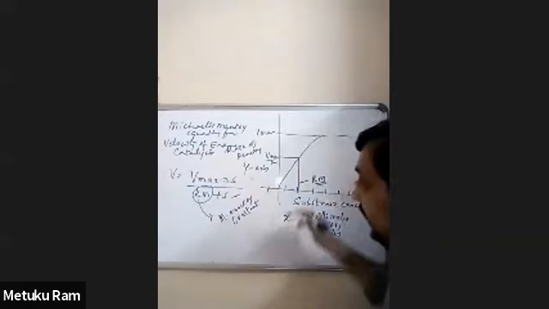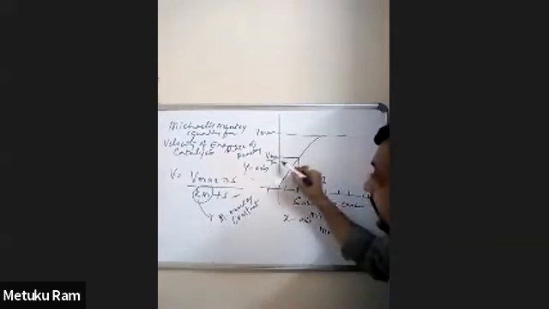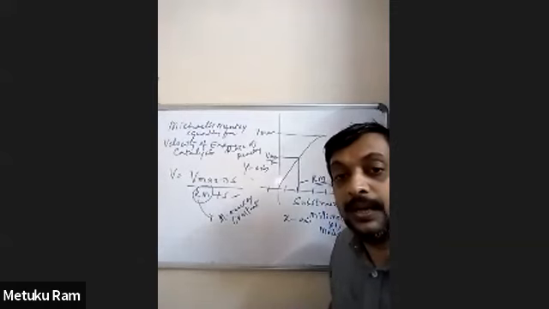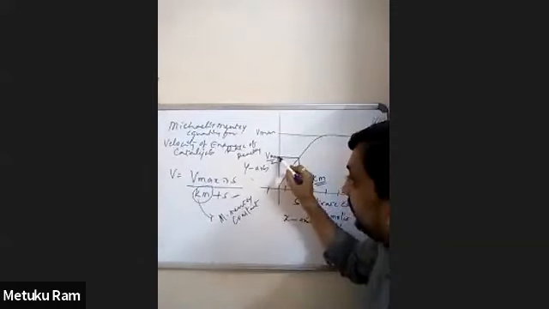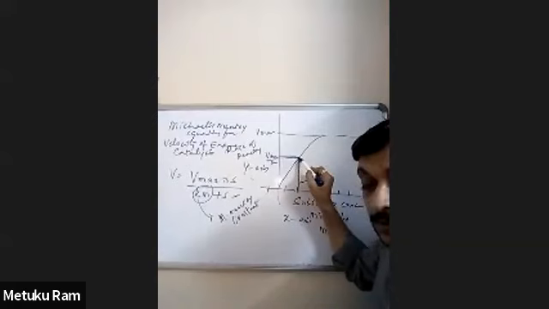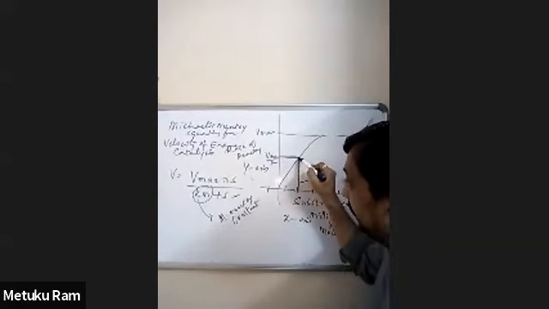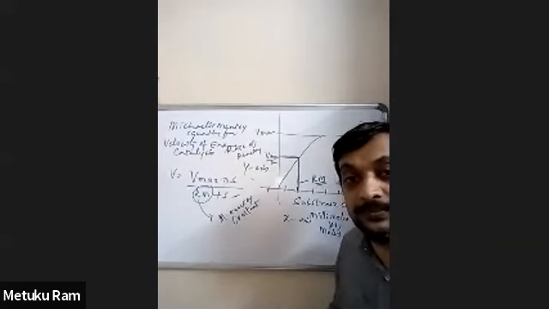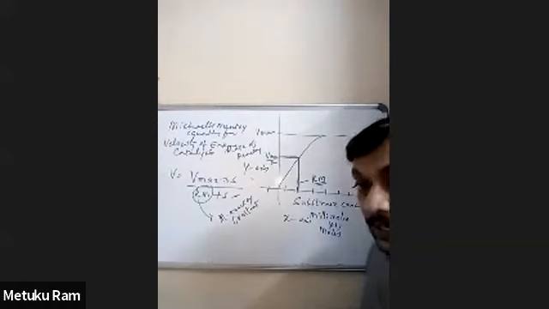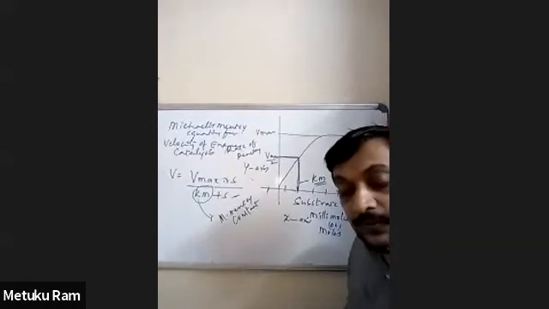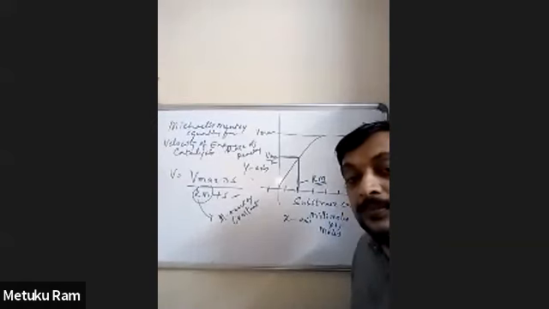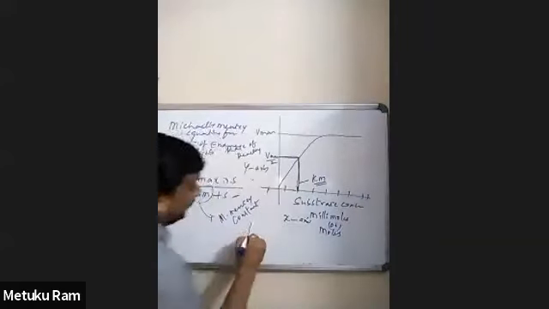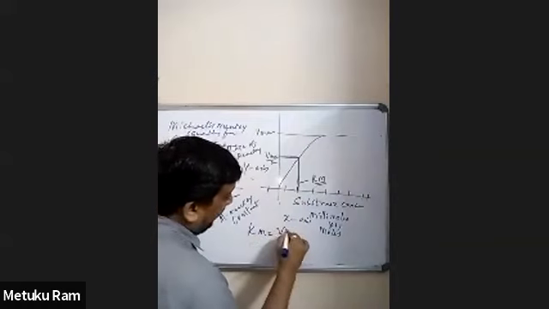The value of Km can be calculated by knowing the value of Vmax by 2, plotting the graph and finding the intercept on the x-axis. So Km is the substrate concentration at Vmax by 2.